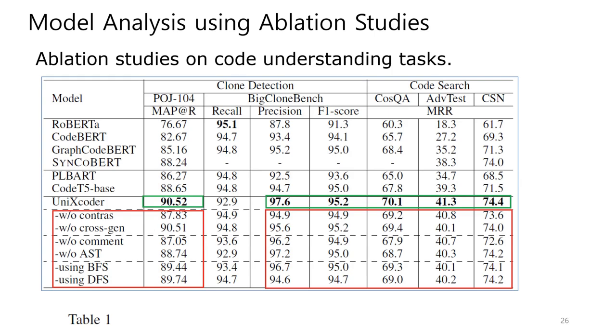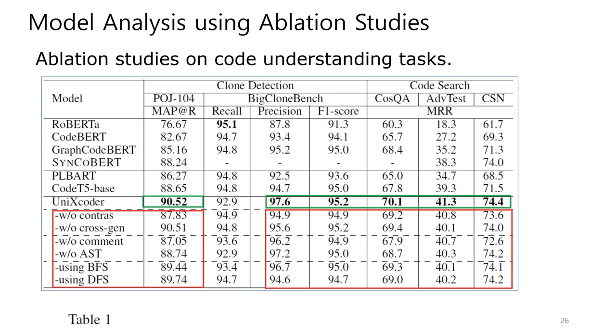So here we can see that the contrastive learning, cross-modal generation, as well as comments and the AST flattened sequence of this model approach have good contribution for the effectiveness of UniXcoder.